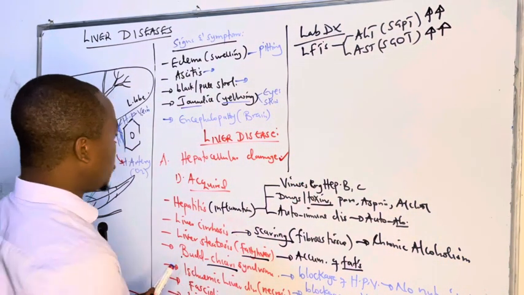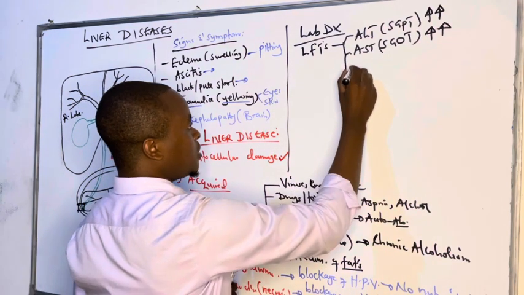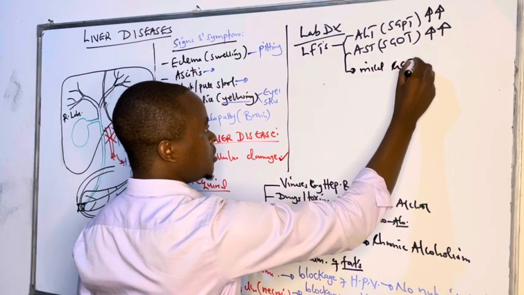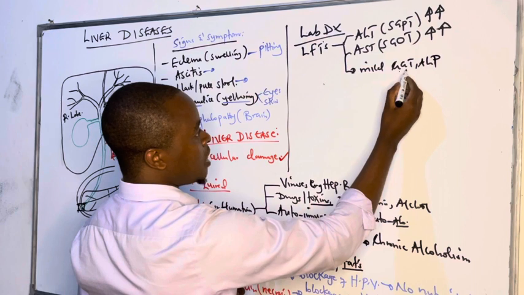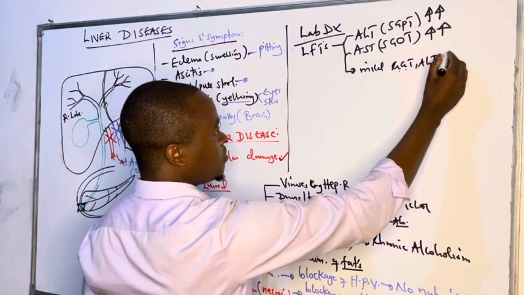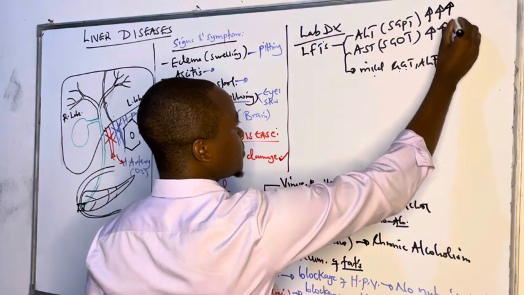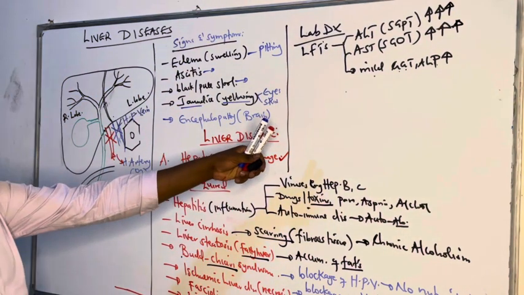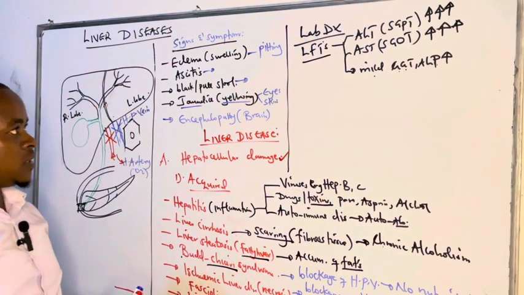That's how we can confirm hepatocellular damage. We see mild elevation of GGT and ALP, that is gamma glutamyl transferase and alkaline phosphatase, but ALT and AST are super high. And that is how you can diagnose them using liver function tests.